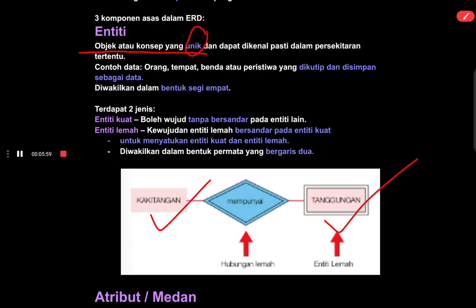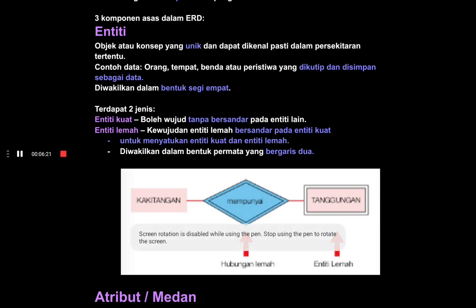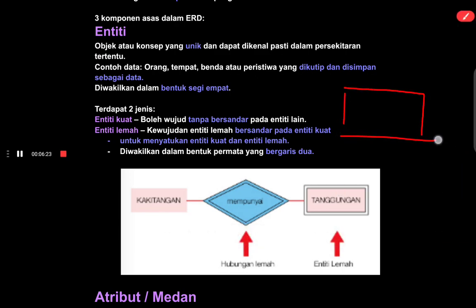In simple words, you just need to remember what the main character in this model is. Contoh data you can see is orang, tempat, benda, peristiwa. Basically dikutip dan disimpan sebagai data, and diwakili dalam bentuk segi empat. So what is segi empat? Segi empat is this. And so we know that this is an entity.